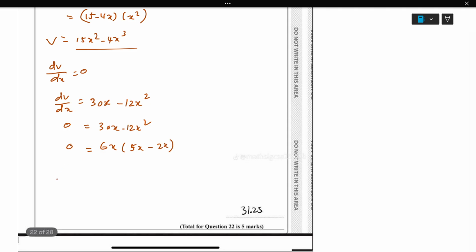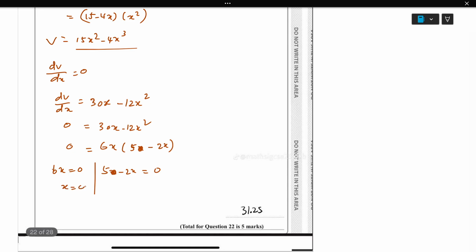Now we'll write: 6x equal to 0 or 5 minus 2x equal to 0.